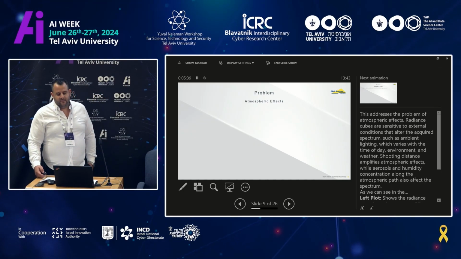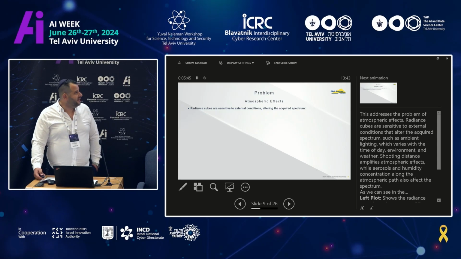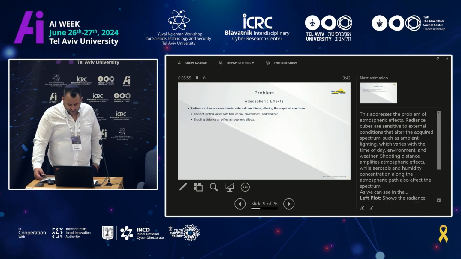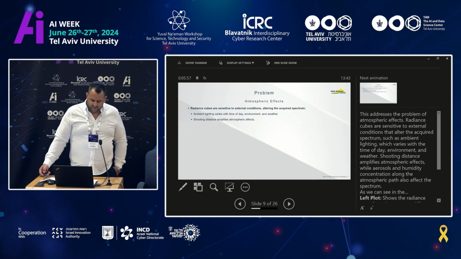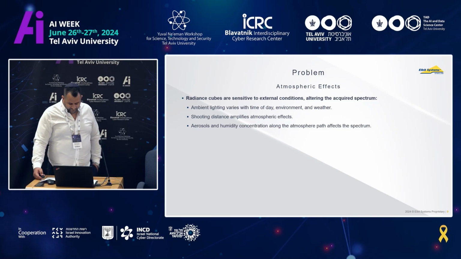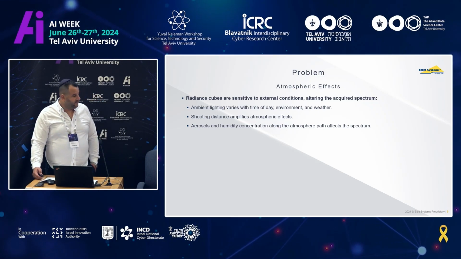So what is the problem? The atmospheric effects. The radiance cubes are sensitive to external conditions that alter the acquired spectrum, such as ambient lighting, which varies with the time of the day, environment, and weather. Shooting distance amplifies atmospheric effects, while aerosol and humidity concentration along the atmospheric path also affect the spectrum.